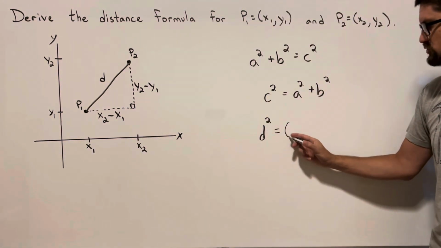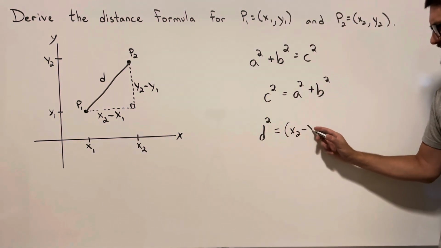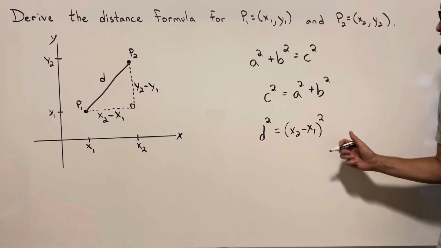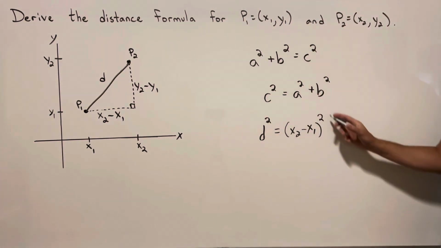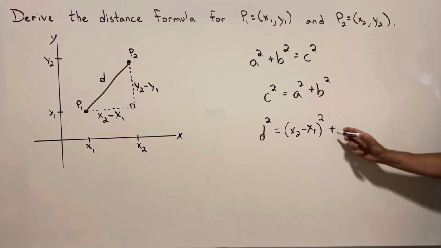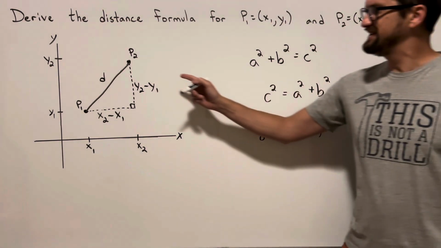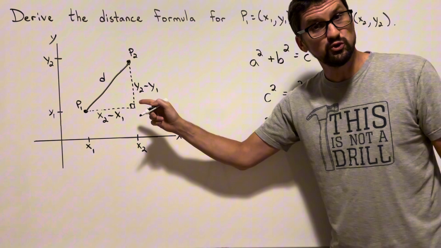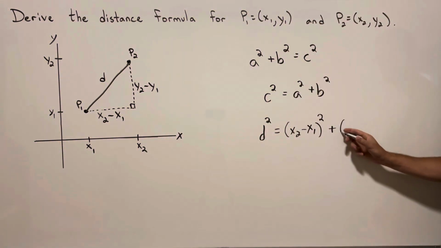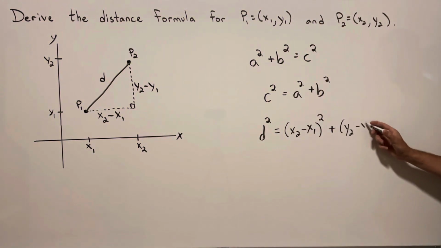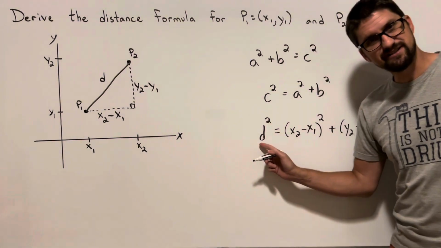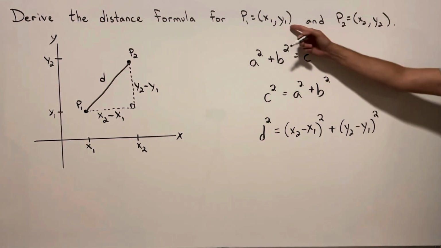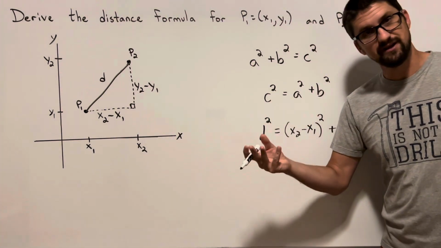I'm going to have to use parentheses since you're squaring the whole difference. And then I have this plus sign. And then b is going to be the other leg, y2 minus y1. And again, you're going to need parentheses. All right, so now I have the distance in terms of the coordinates of the 2 points. That would be the distance formula.